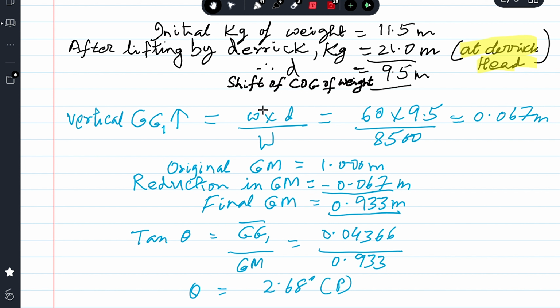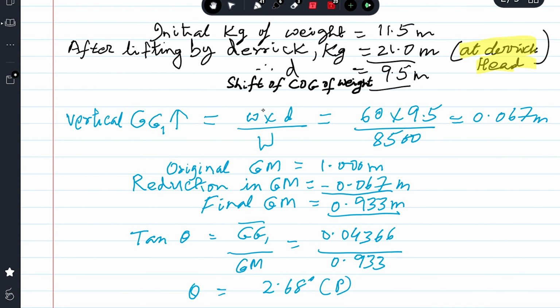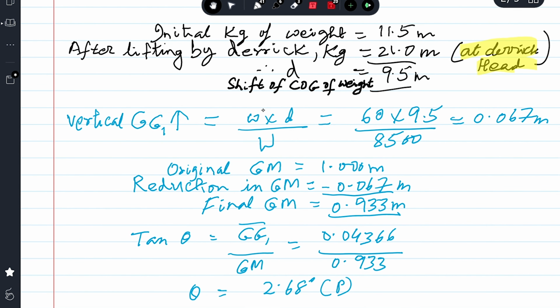In other words, this will be the reduction in the GM. So original GM was 1 meter, reduction in the GM is 0.067 meter, final GM is 0.933 meter. So as soon as the weight is just lifted, the ship's GM reduces from 1 meter to 0.933 meter.